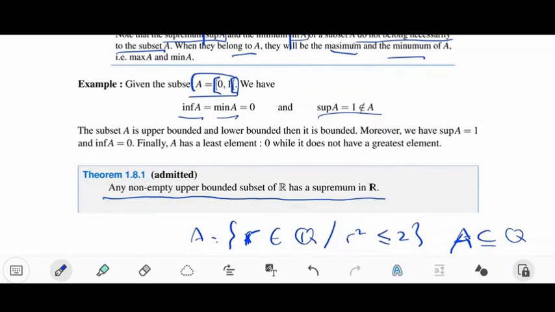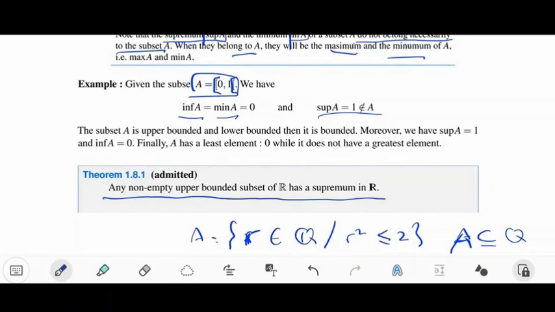So square root of 2 is an upper bound, and it's the least upper bound, so it's the supremum of this set. But the thing is that this supremum, which is square root of 2, is not rational, it's in R.